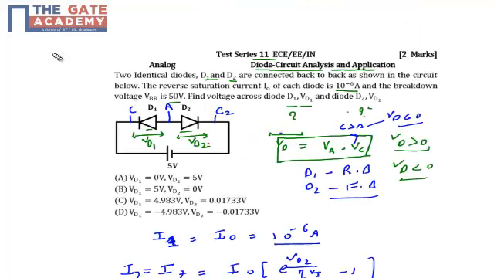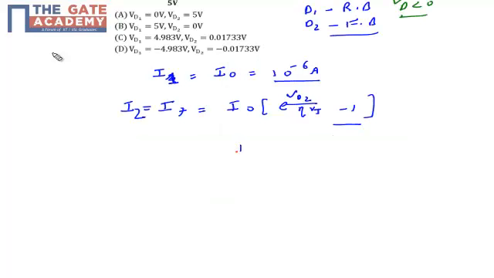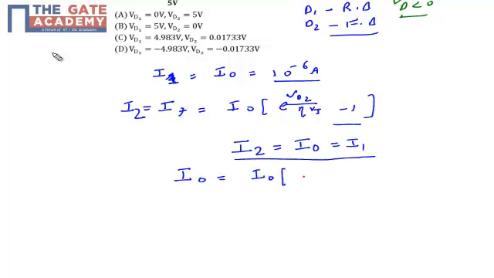But here D1 and D2 are connected in series, and we know that the current always remains the same in a series circuit. It means that I2 must be equal to I0, or I1. The current across diode 1 must be equal to the current across diode 2. So if I simplify, I0 is equal to I0 times e raised to the power VD2 by eta Vt, minus 1.